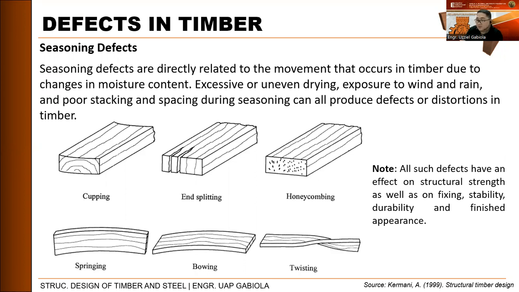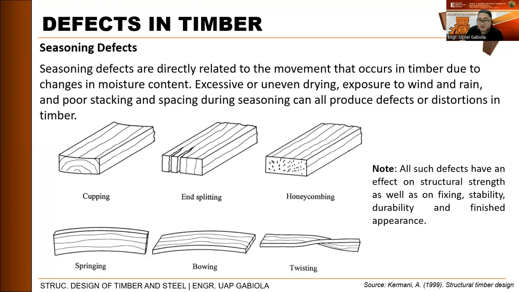So si wood or si timber is very prone talaga to shrinkage saka expansion, especially sa mga extremely hot and extremely cold weathers. Kaya mapapansin niyo yung mga cases sa door. Minsan kapag wooden door, hindi siya nagsasara kasi nag-expand siya sa sobrang init.